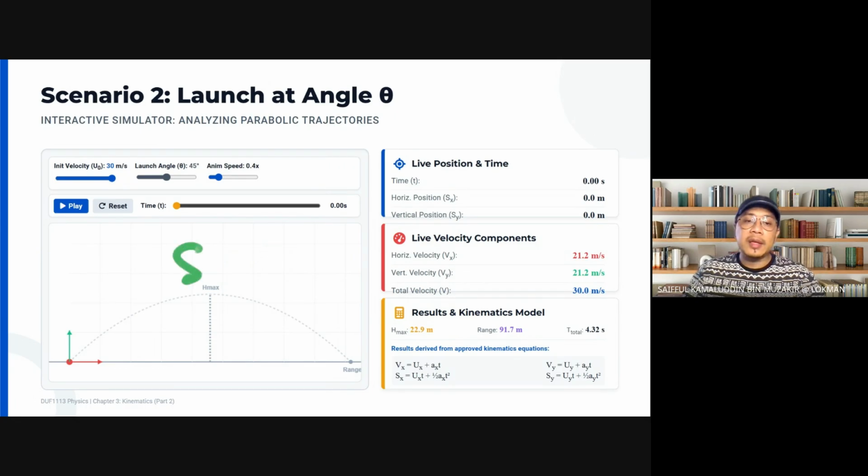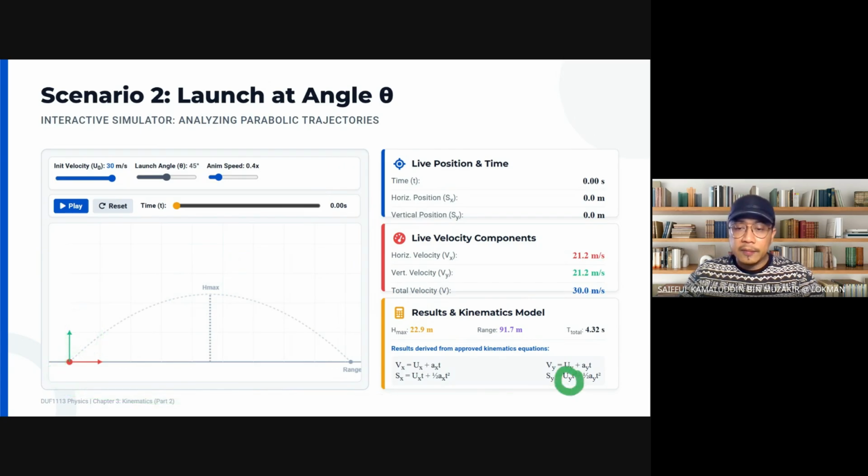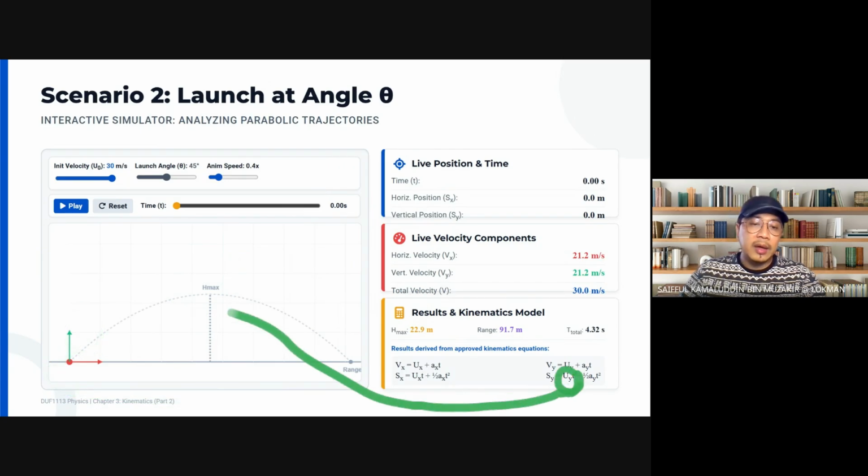You could manipulate that to calculate the SY. How? SY equals UY T plus half AY T squared. The UY can be calculated using the one you have calculated before.